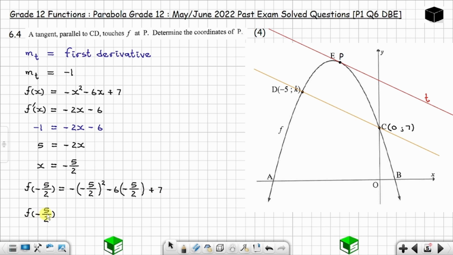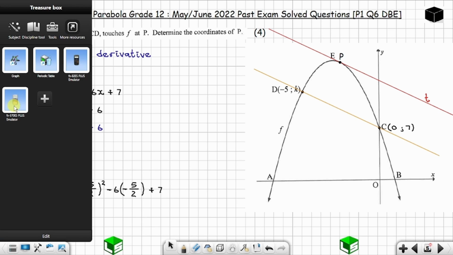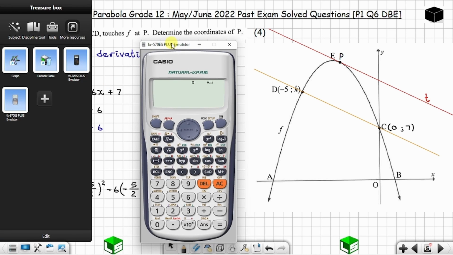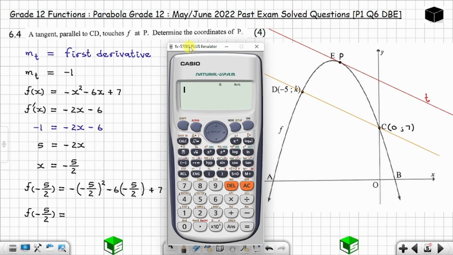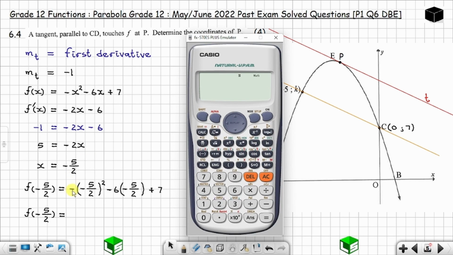f of negative 5 over 2 is equal to, use your calculator. So you have negative, in brackets, negative 5 over 2, squared, minus 6 times, in brackets, negative 5 over 2.